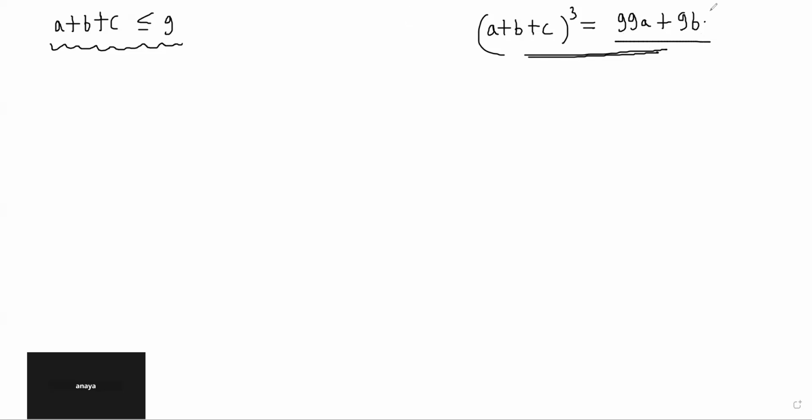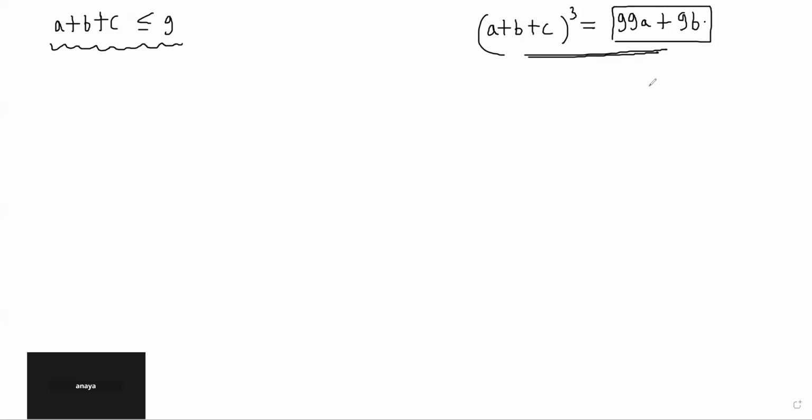We also have the original relation, which is equal to 99a plus 9b. Now, obviously, if we have an upper limit, we can also try to get a lower limit somehow, right? So what is the lowest possible value of this?